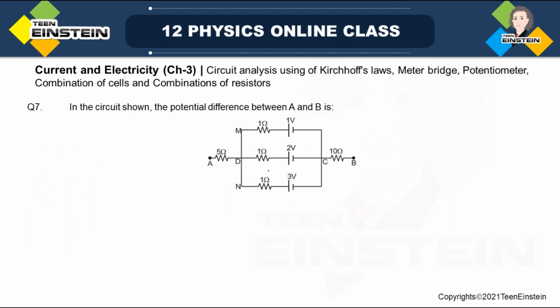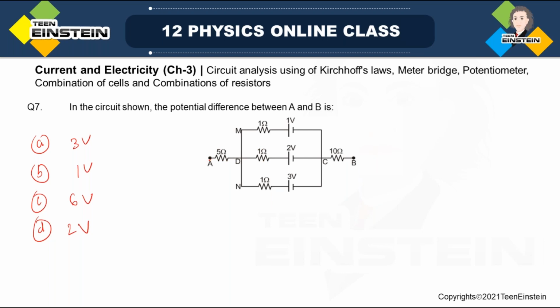This is the circuit. In this circuit, you have to find out the potential difference between A and B. So here you have been given the options: 3 volt, 1 volt, C is 6 volt, and D is again 2 volt. Okay, now you have to find out the potential difference between these two.